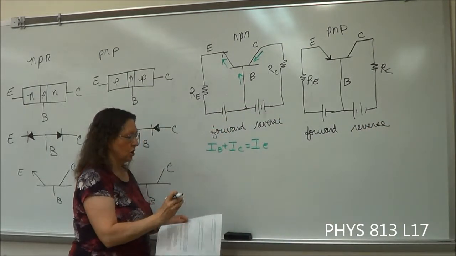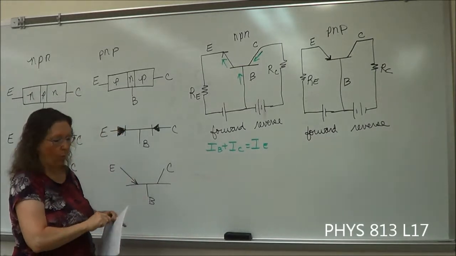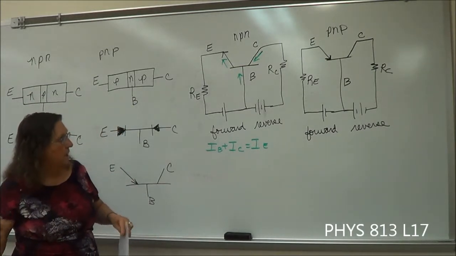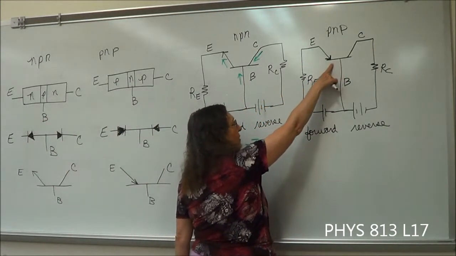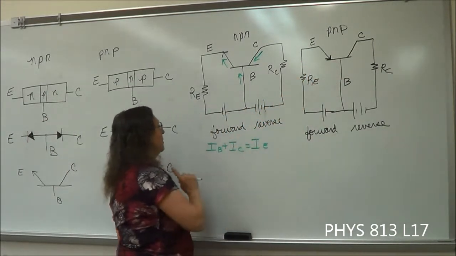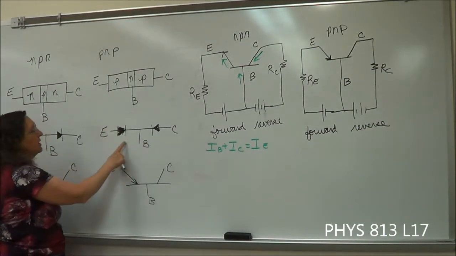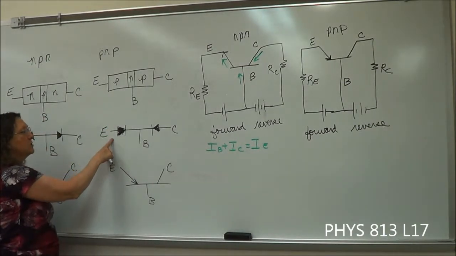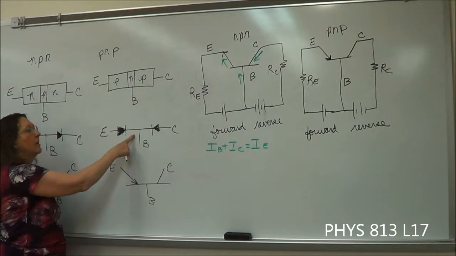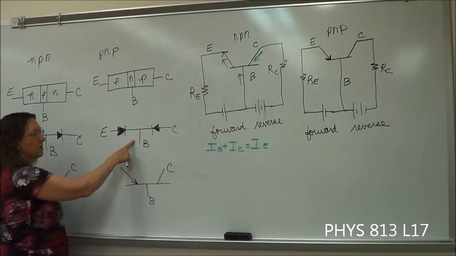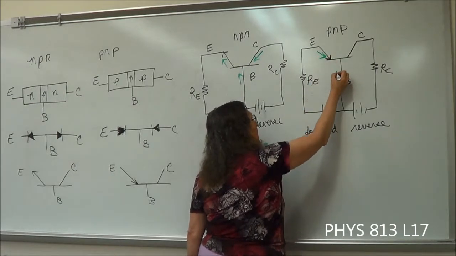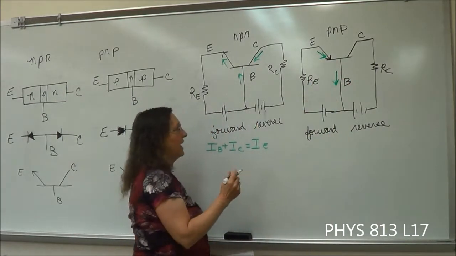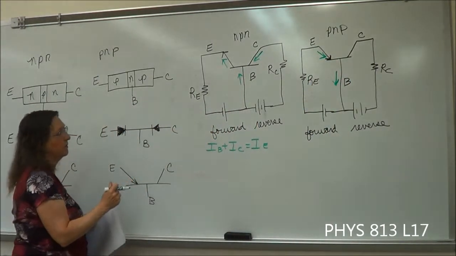So if we want to look though and see what and why, we have current coming into the transistor here. So if we look at our PNP, on the emitter side, the current will go into the transistor. So it does come down this direction. It does come out the base, so it's the different direction.